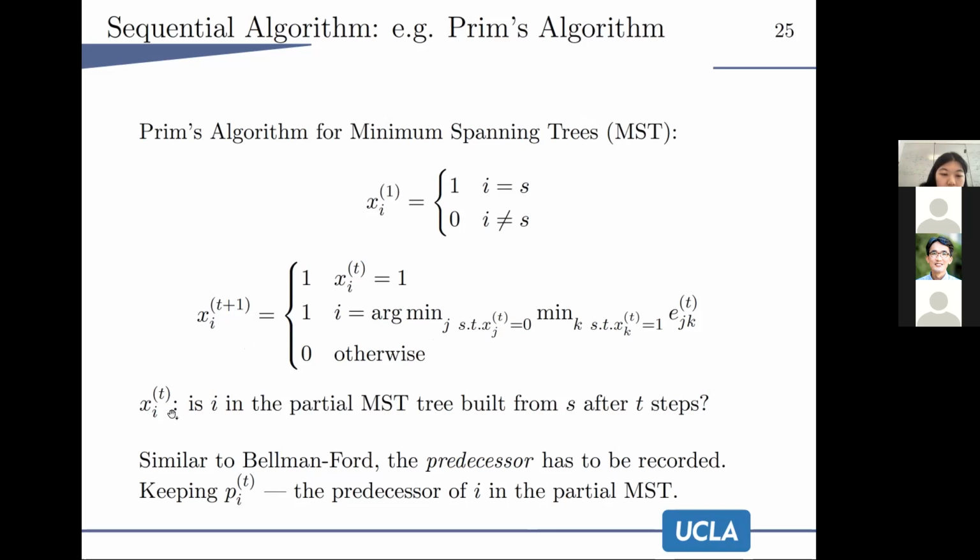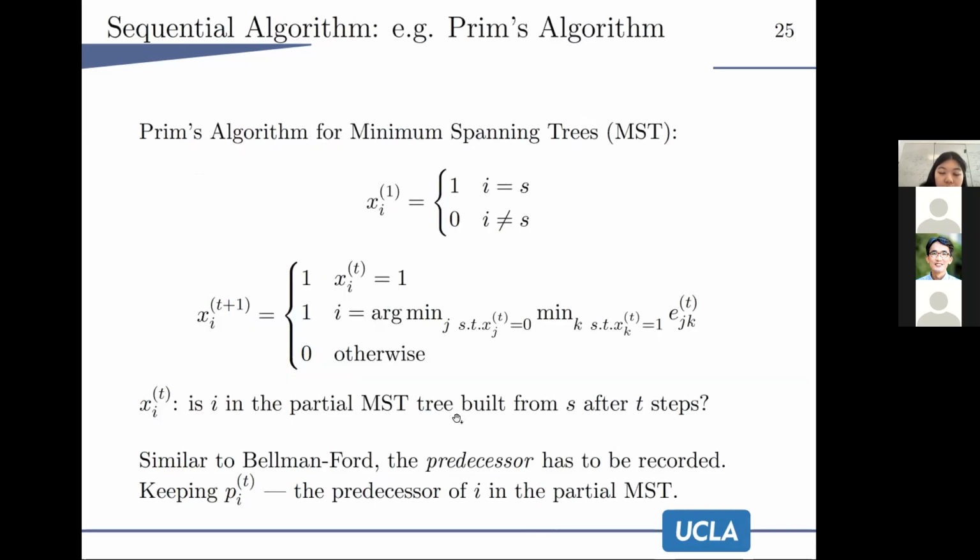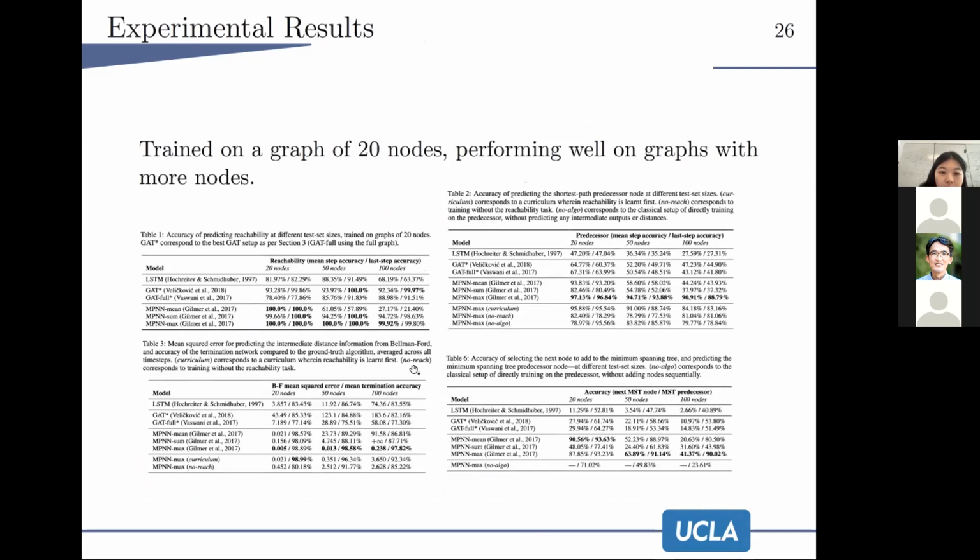And x_i^t represents whether i is in the partial MST tree built from S after t steps. It remains a true or false question's answer. But once again, we need to keep track of the predecessor. So similar to before, Y consists of x_i^t and the predecessor P. And they both fit into the same framework in general.